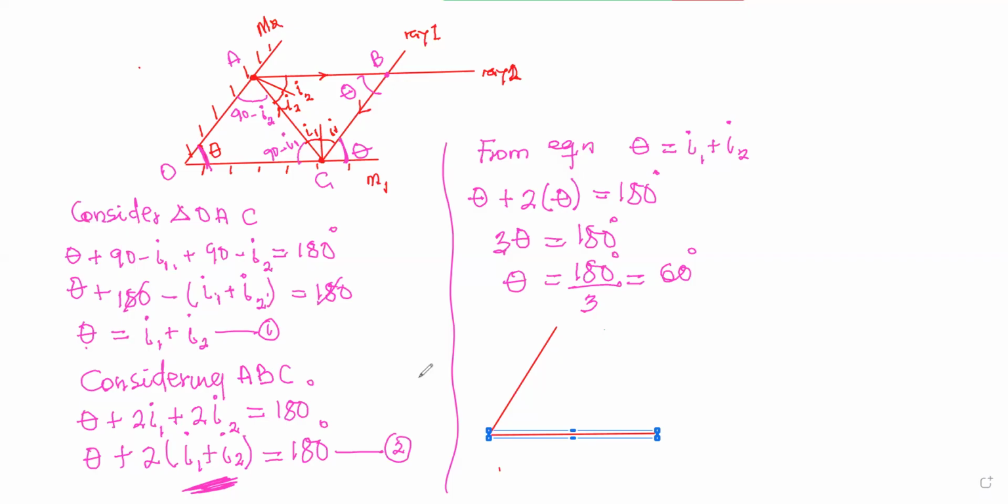Is using the rule of parallel lines. So ray 1 incident on this, and after 2 successive reflections, ray 2 is parallel to mirror 1. So incident, reflected.